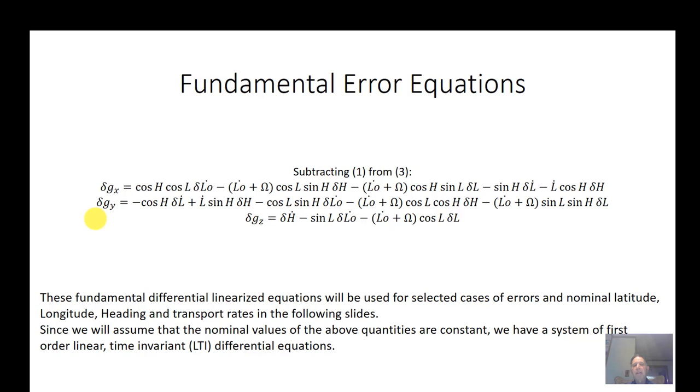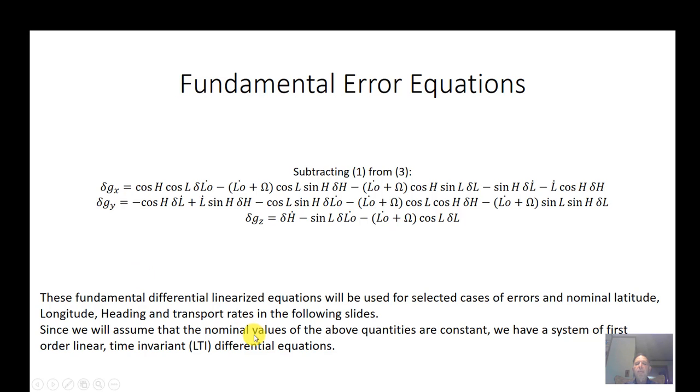These fundamental differential linearized equations, and they are linearized about the nominal trajectory or nominal point, will be used for selected cases of errors at a nominal latitude, longitude, heading, and nominal transport rates in the following slides.